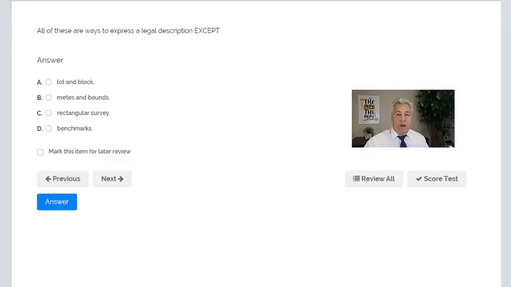All of these are ways to express a legal description, except, and your answers are lot and block, metes and bounds, rectangular survey, or benchmarks.